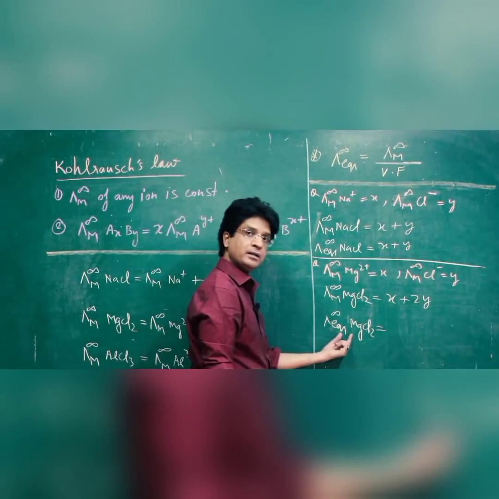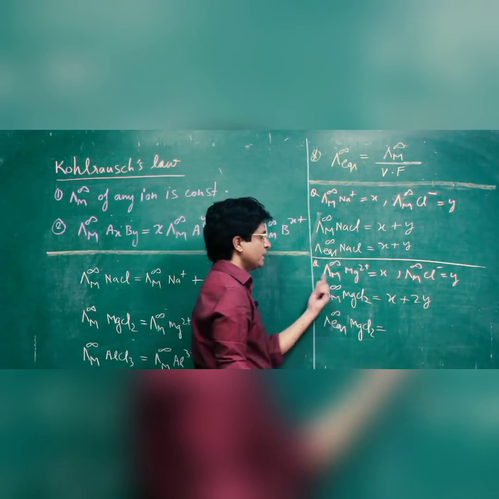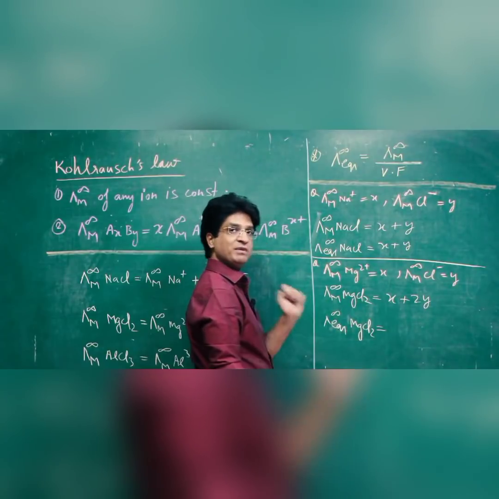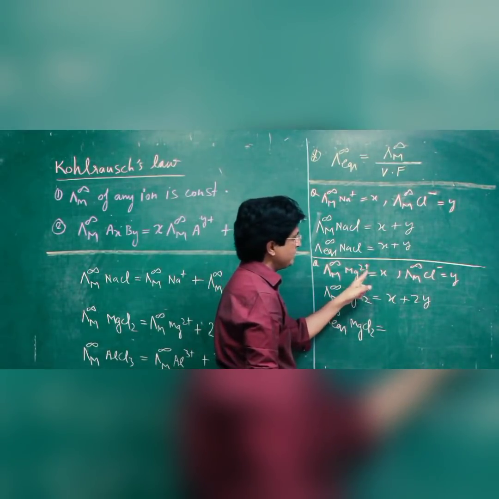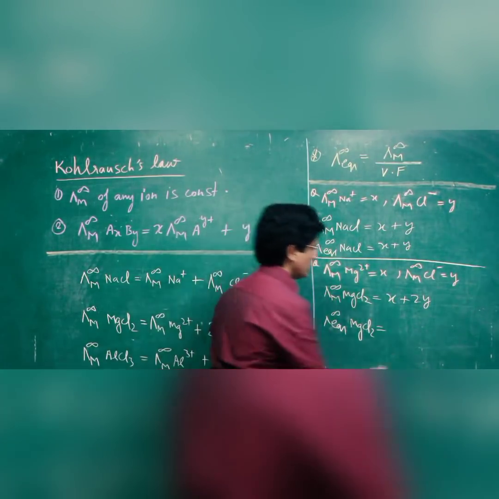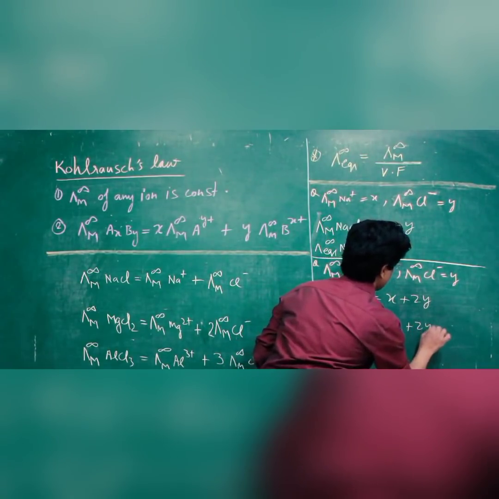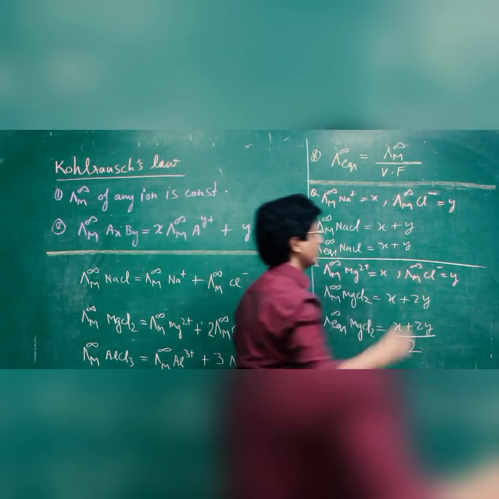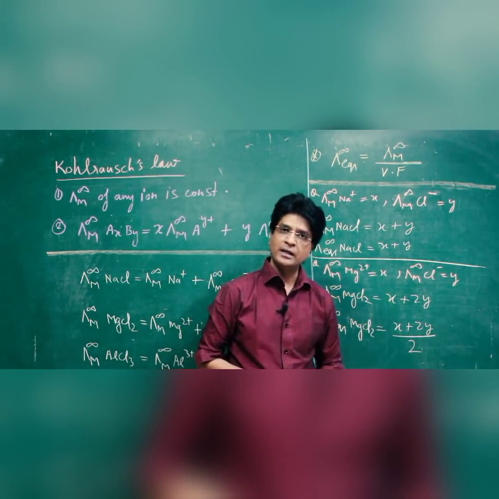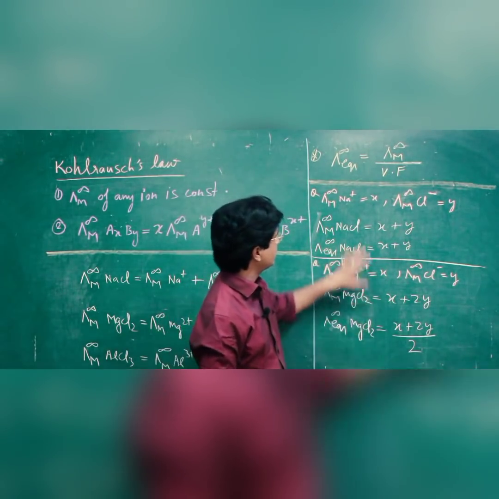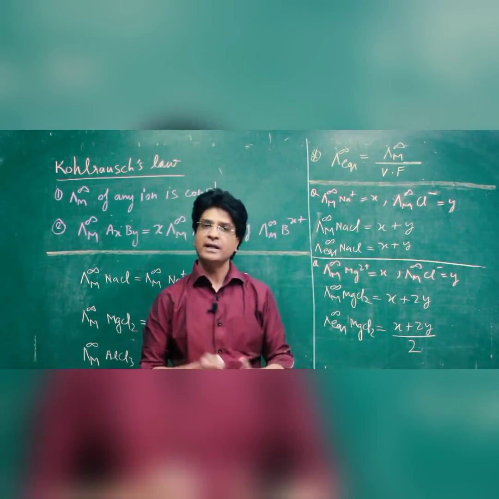To get it, I should divide the molar conductance by the valency factor. The valency factor of Mg2+ is 2. So it will be (X plus 2Y) divided by 2. So this is how we are going to handle the questions of molar conductance and equivalent conductance at infinite dilution.